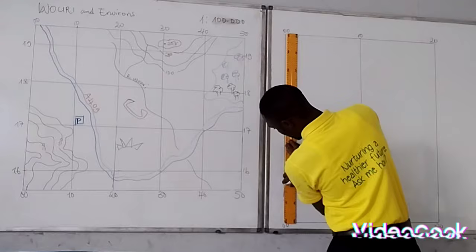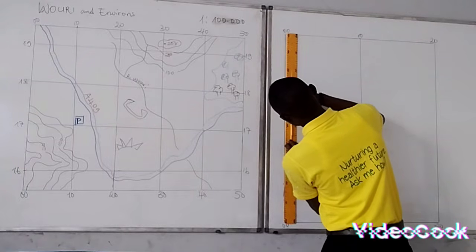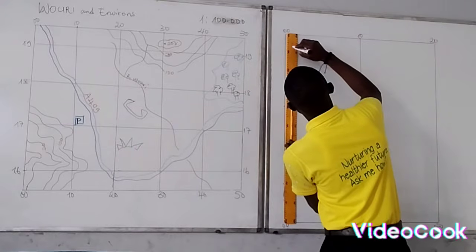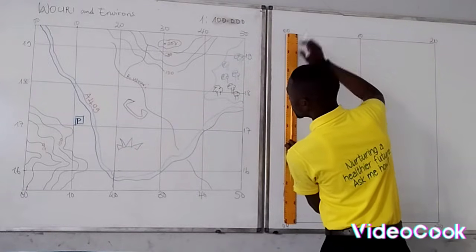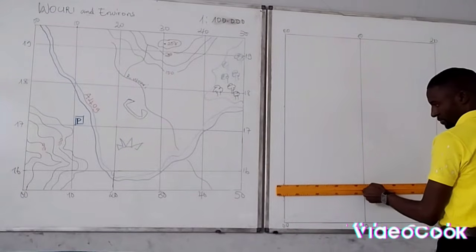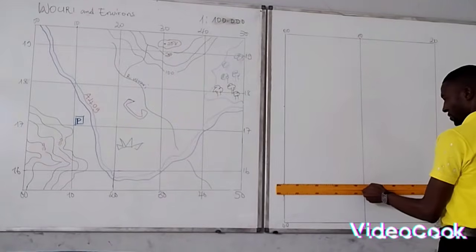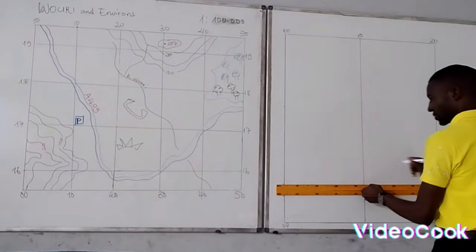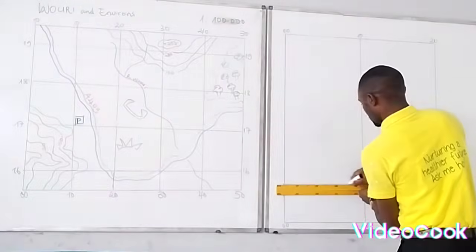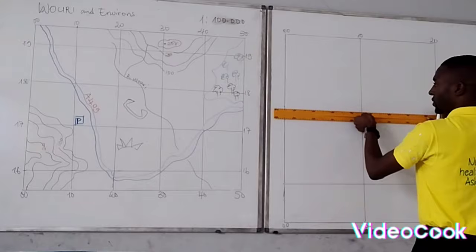First the half square here, and then from there to here we have 4 centimeters, and then the last one is 4 centimeters. So we measure like this and draw a straight line to come out with the values.